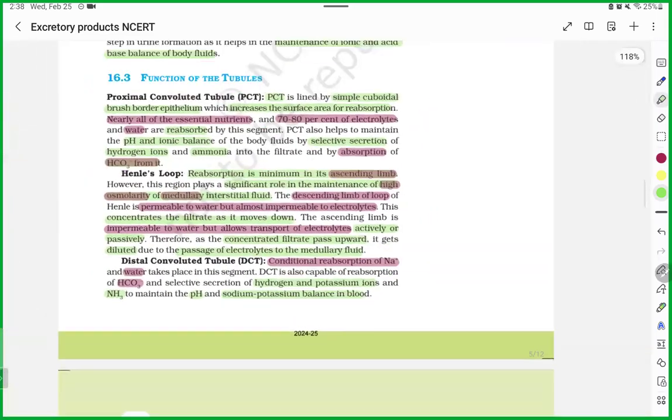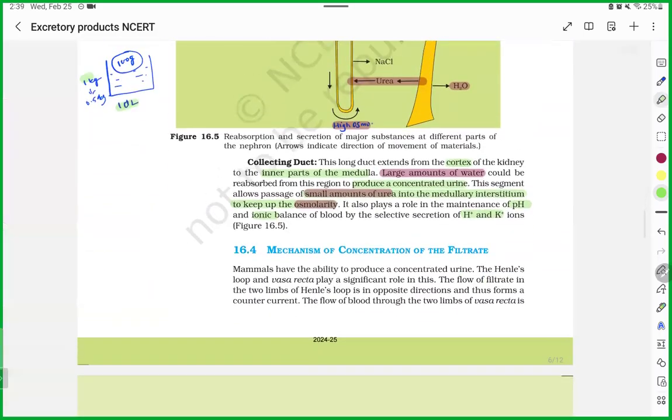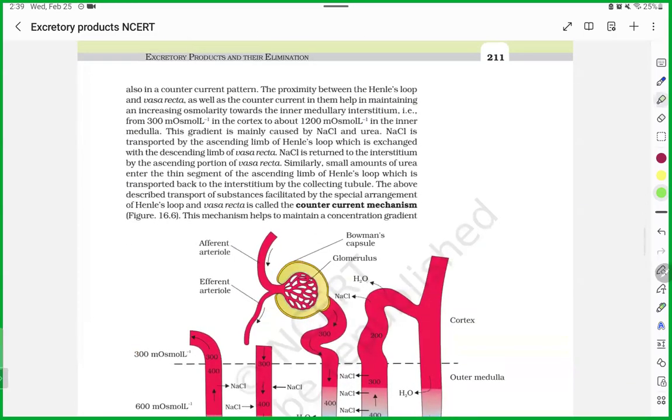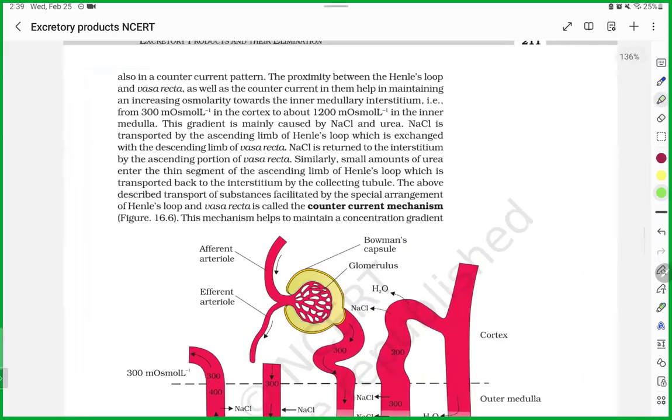Got it? Any doubt, guys, in this question? I think here also it is written. Where is this word? Small amount of urea is... see.